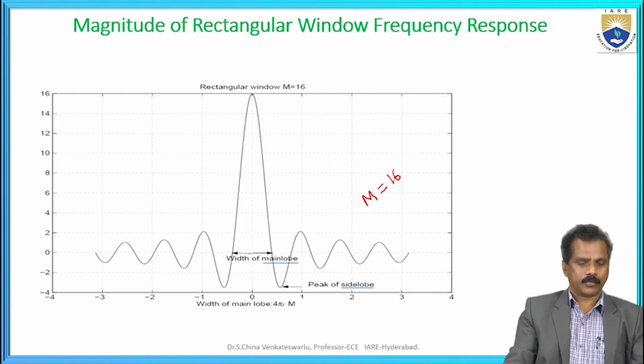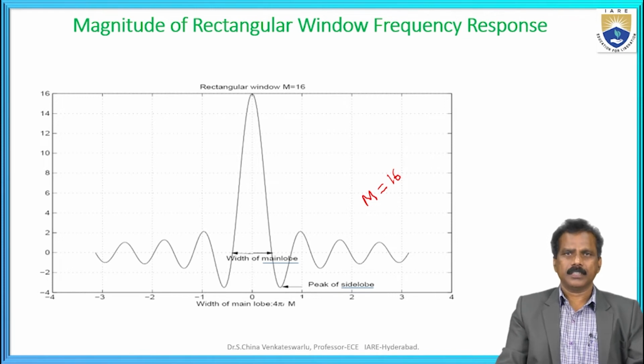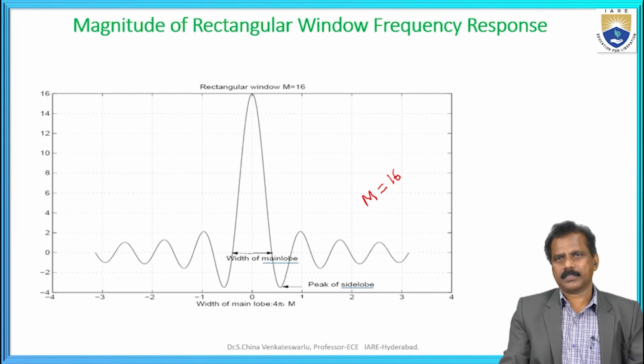So we have to verify this practically. As the width of the main lobe increases, we can easily estimate the side lobe magnitude of the rectangular window frequency response, and from that we can decide the factor.